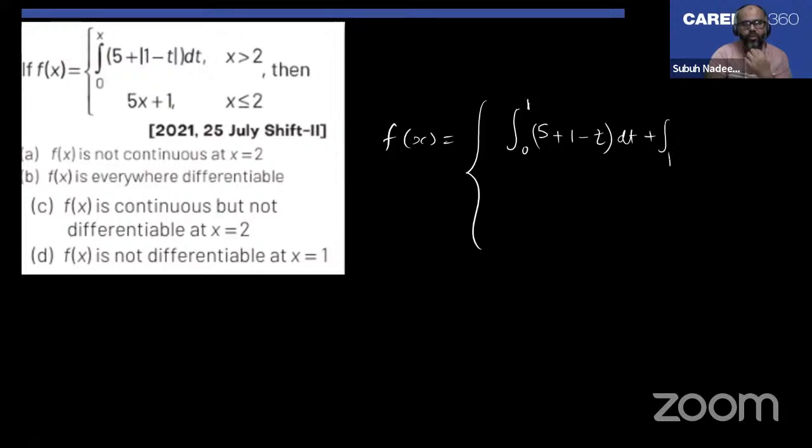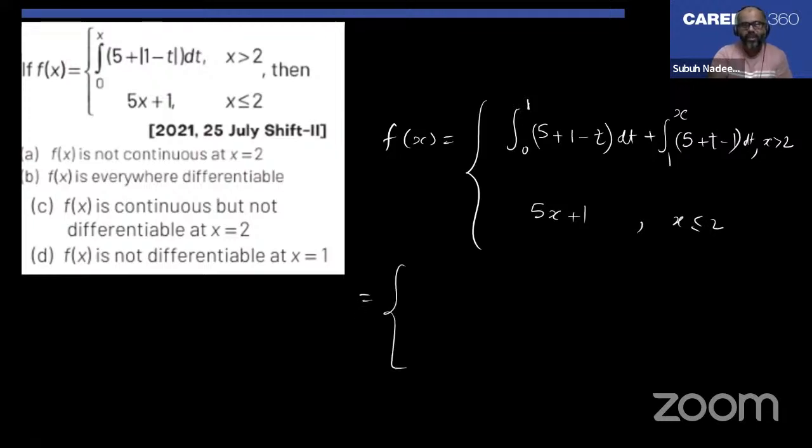And from 1 to x, we have t greater than 1. So this will become 5 plus t minus 1. And this is the condition when x is greater than 2. And this is 5x plus 1 if x is less than or equal to 2.